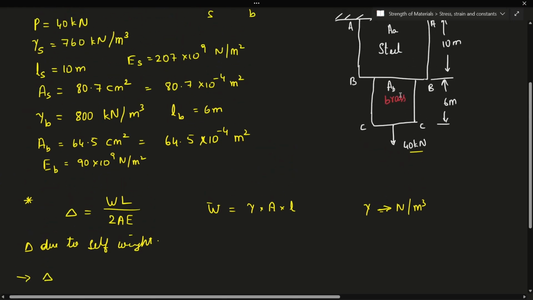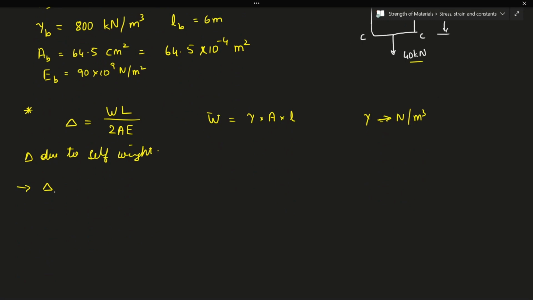What is this for brass? BC, delta BC, right? I'll be calling this delta 1, BC weight. Okay, so now delta 1 is given as WB into the length of brass LB divided by the cross-sectional area of brass into the modulus of elasticity of brass into 2.